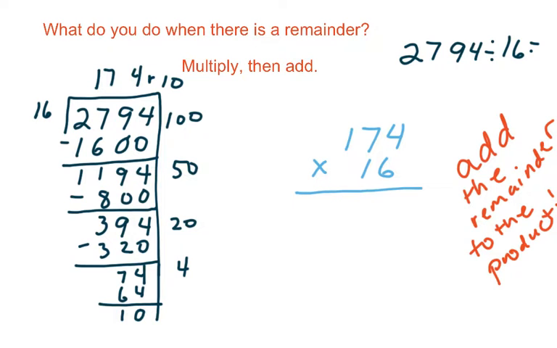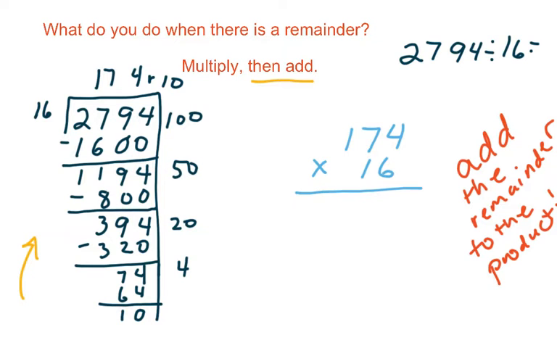Now, what happens when there's a remainder? Well, we simply have a different strategy for checking. We're going to multiply the quotient by the divisor, as always, and then we're going to add the remainder. So here I've worked the problem for you. 2,794 divided by 16, and I got a quotient of 174 with a remainder of 10.